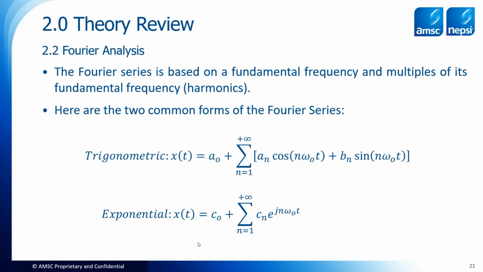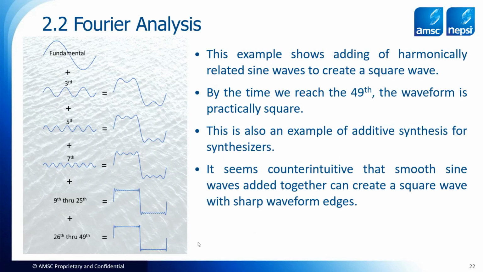The one that I'm going to be spending most of my time addressing would be the exponential form. And it is very important to note the exponential form, because it gives us both magnitude and phase for our Fourier components.